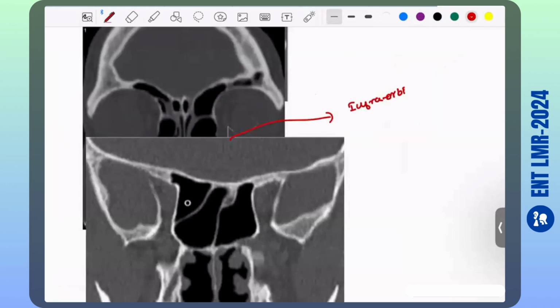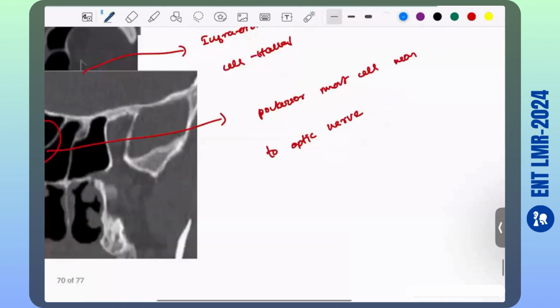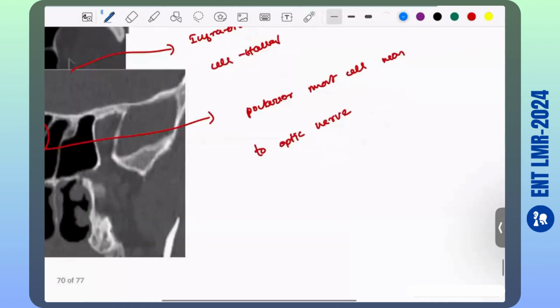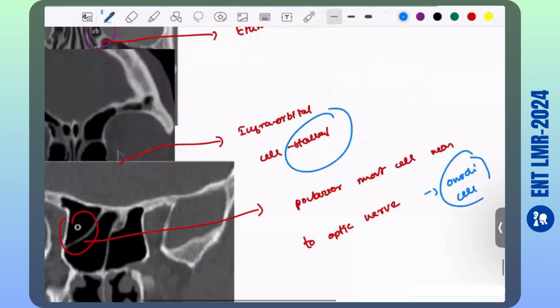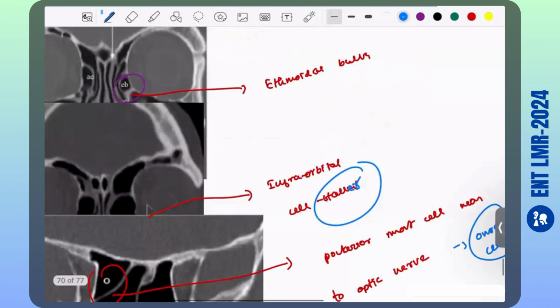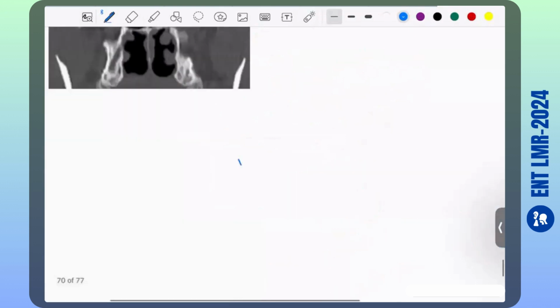Posterior most cell near to optic nerve is called as Onodi cell. They may ask this question, very important. So infraorbital cell, Haller cell. Consistent cell, ethmoidal bulla. Anterior most cell, agger nasi cell.